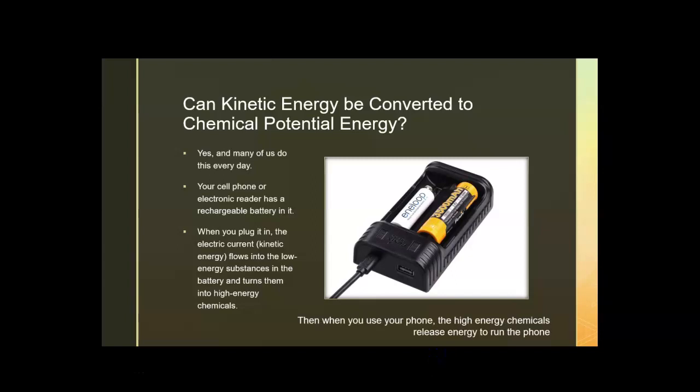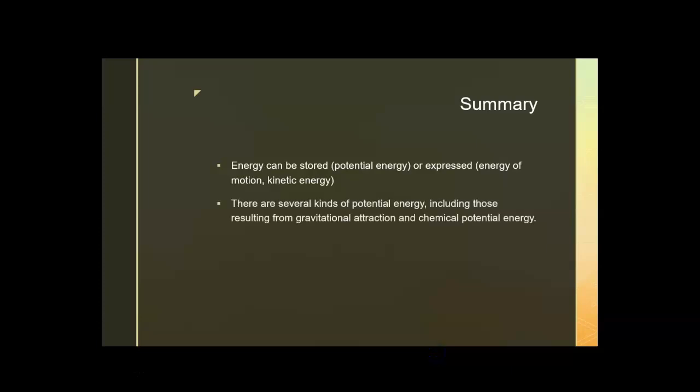Then, when you use your phone, the high energy chemicals in the battery release energy to run the phone. In summary, energy can be stored, potential energy, or expressed, energy of motion, kinetic energy. There are several kinds of potential energy, including those resulting from gravitational attraction and chemical potential energy.